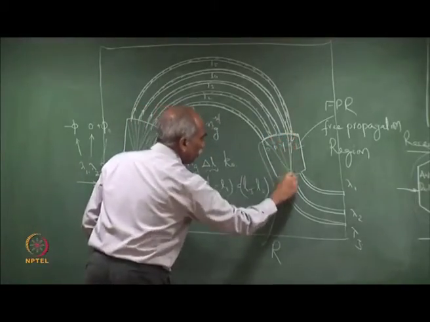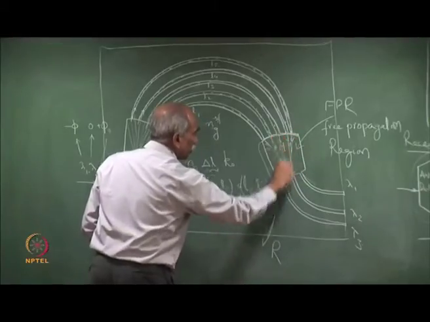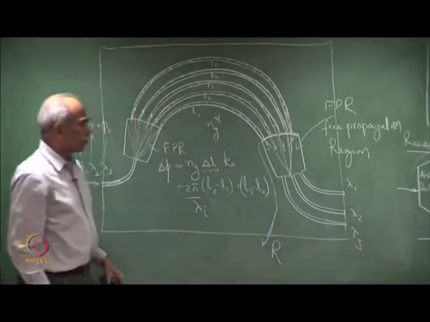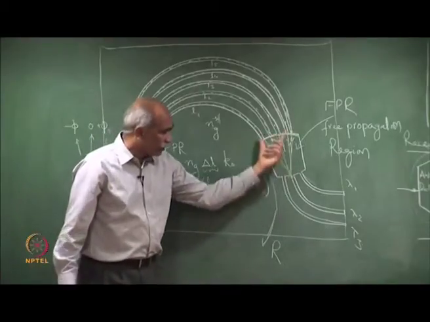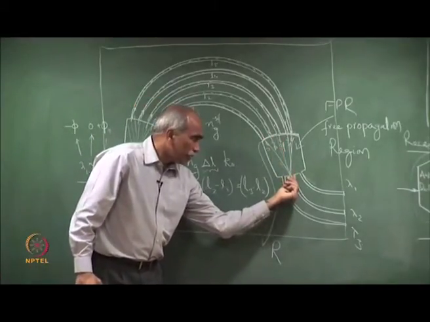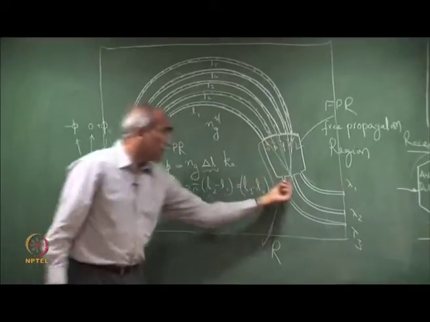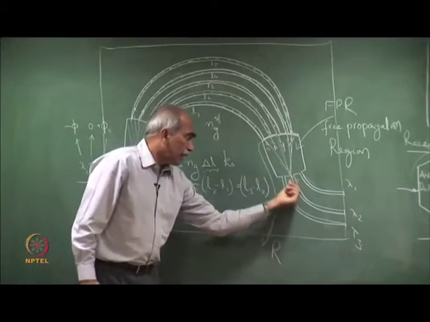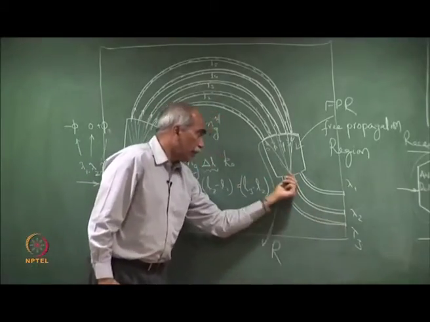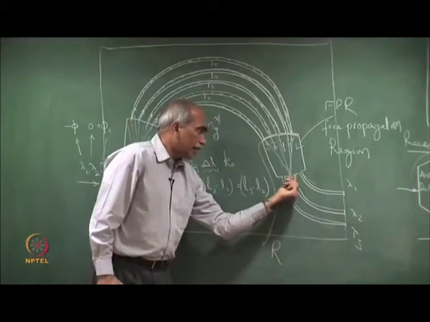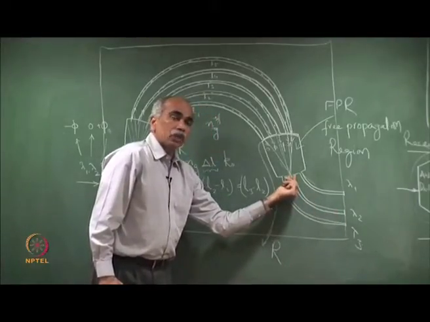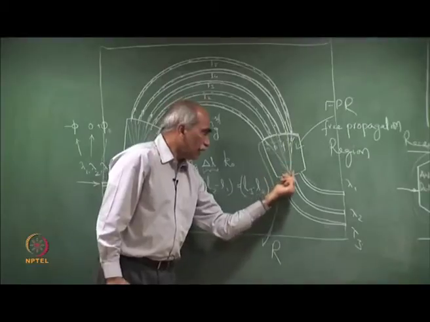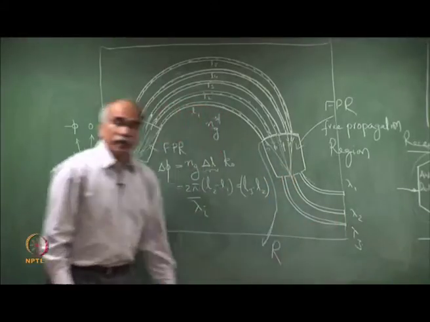So, all the light which is coming from here is in phase, and therefore, when they diffract, they focus at one particular spatial point, and this waveguide is located at that spatial point, which means that particular wavelength will come through this waveguide.